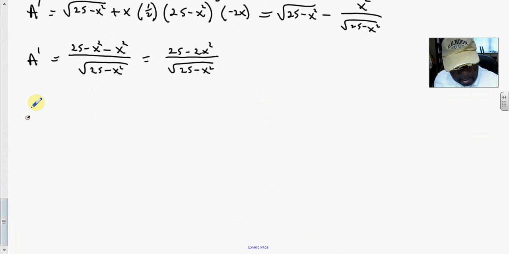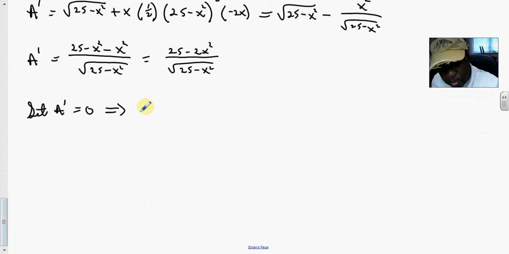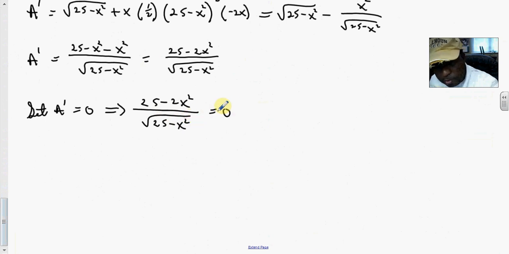Now if you set A prime equal to 0, this implies that we have 25 minus 2x squared all over the square root of 25 minus x squared is equal to 0. And this implies that we have 25 minus 2x squared equal to 0.